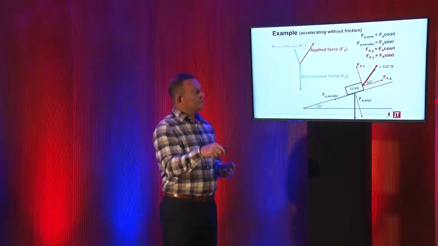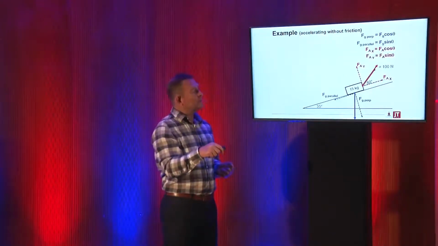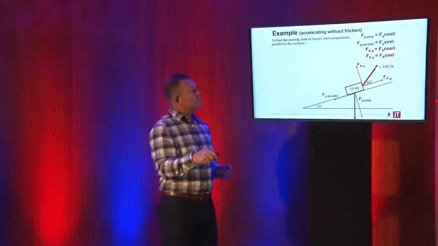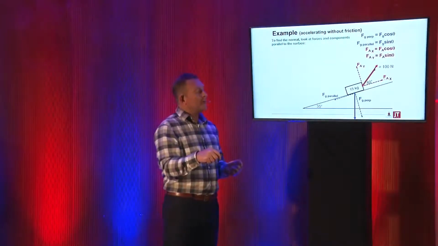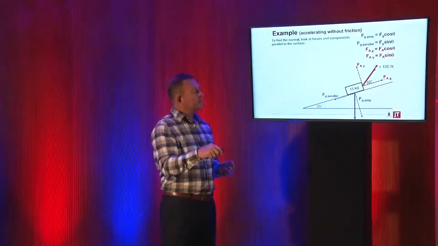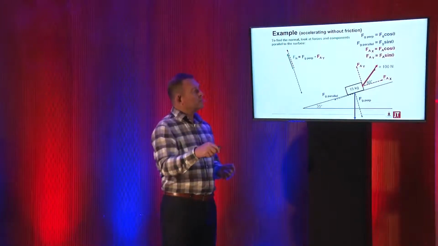Now we're going to look at how to calculate the size of the normal force. In order to calculate it, we need to look at all of the components acting normal to the slope. And we'll see here that there are in fact 3 forces.